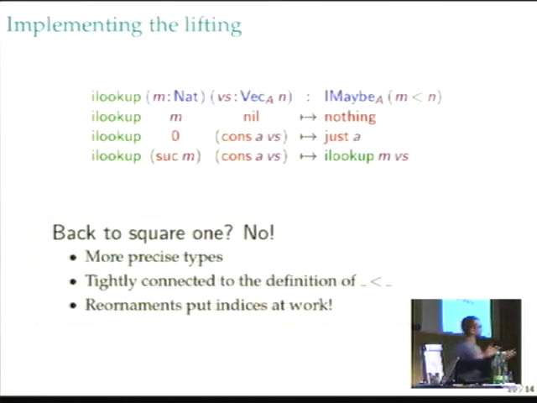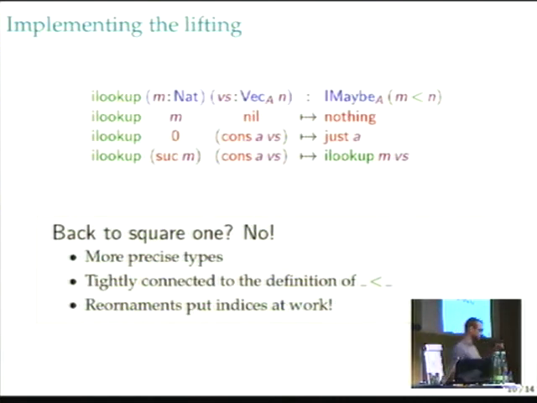Okay, so imagine you believe me, and so you just go and implement ilookup. Well, you might complain because the code here is exactly the same code as the lookup function which I was complaining about earlier. Yes, the implementation is the same, just as this morning we had a lot of functions which were the same but the types were saying more. And these types are much more precise than the types of the lookup function.